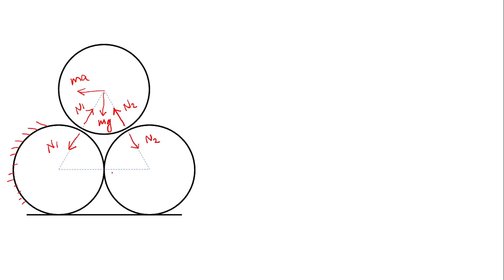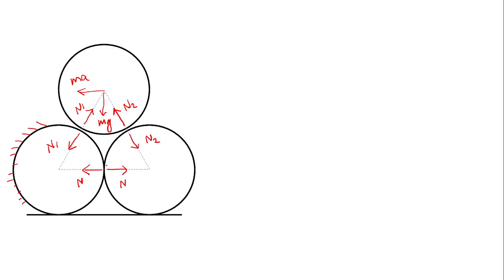Okay, let the normal reaction along this surface be n. That means this surface will be feeling normal reaction n, and this ball will be feeling normal reaction n. Now since all the balls are symmetrical, this triangle which is shown in the dash line, this is 60 degree. I mean all these angles are 60 degree.